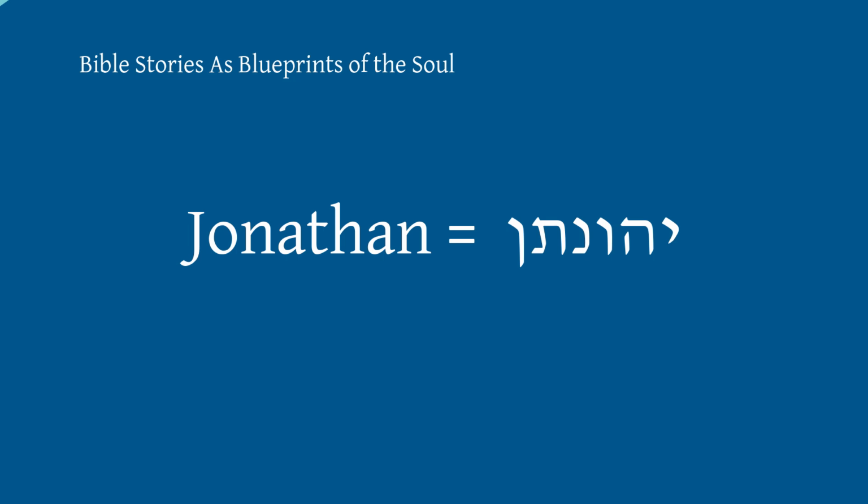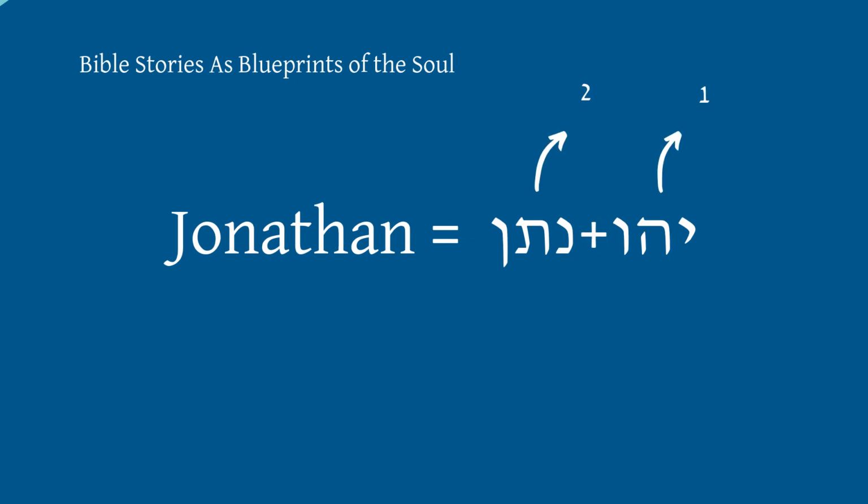The name Yehonatan is written in 6 letters: Yod, He, Vav, Nun, Tav, Nun.